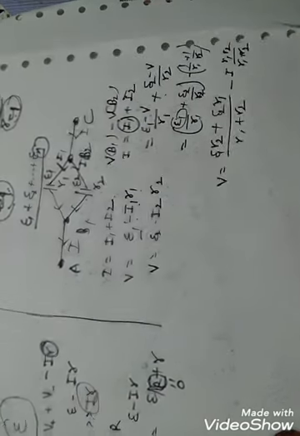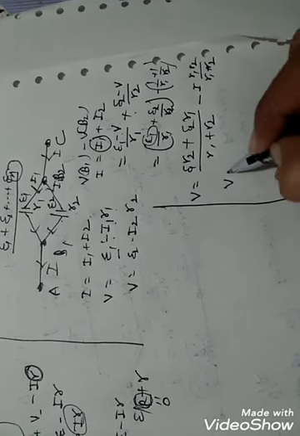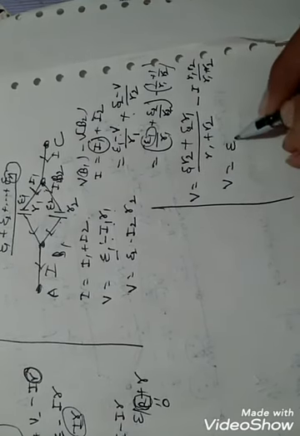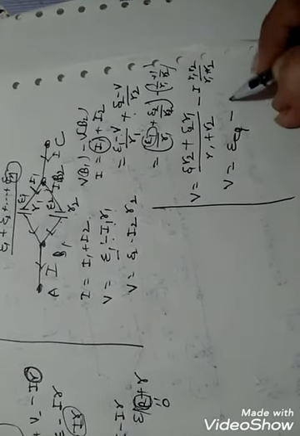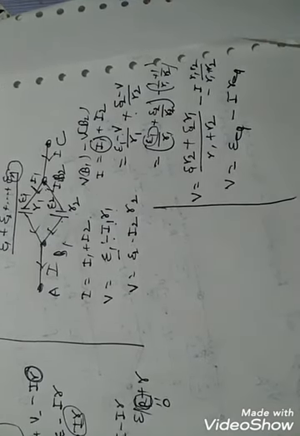If we want to replace the combination by a single cell between B1 and B2 of equivalent EMF and internal resistance, the single equation is V is equal to E equivalent minus I R equivalent.